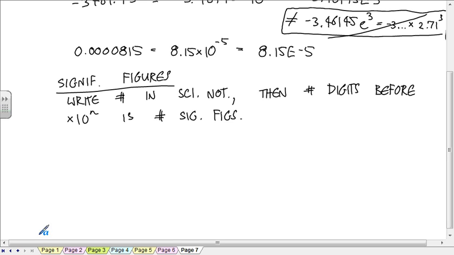Okay, so in order for us to express things with scientific notation and to make sense out of stuff that we're given in scientific notation, we need two methods. We need one to take a number that's in standard notation and write it in scientific notation, and one to go the other way.